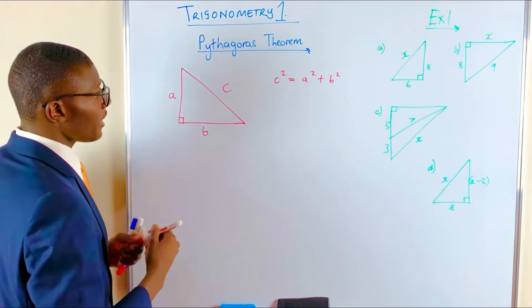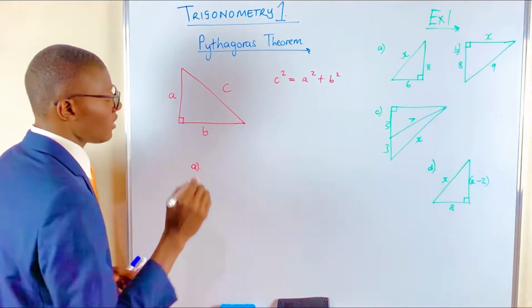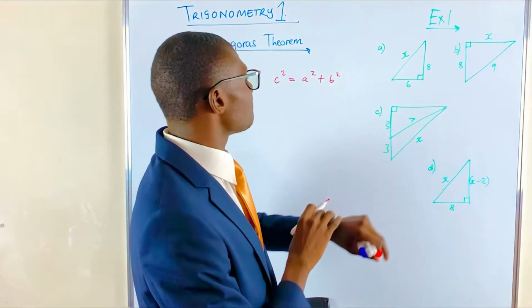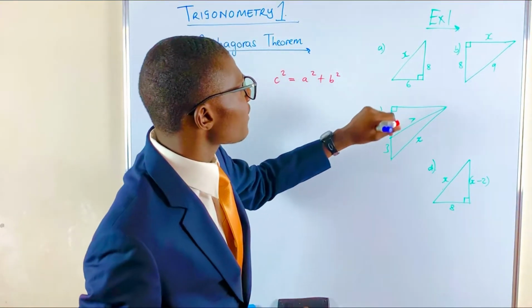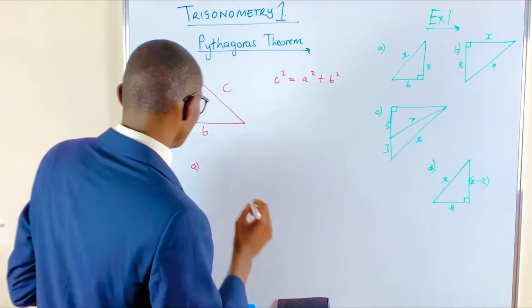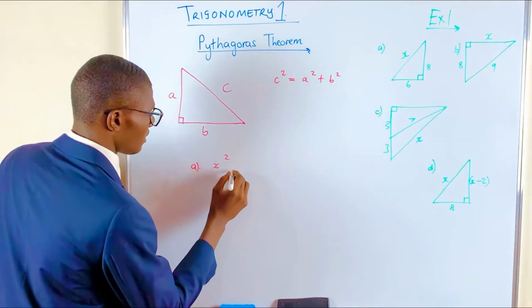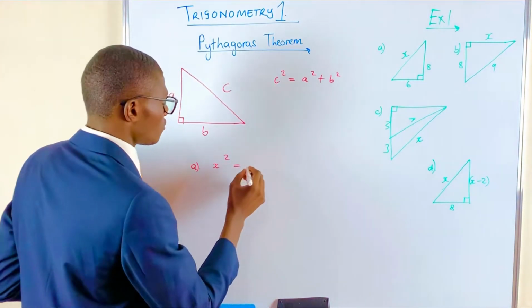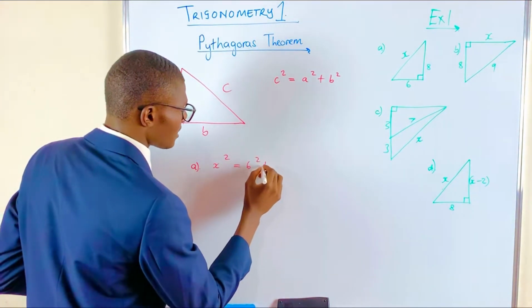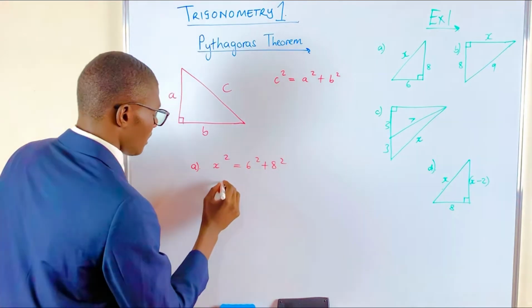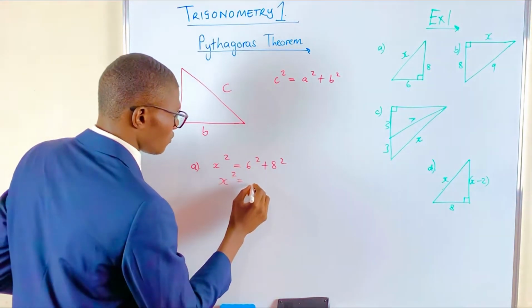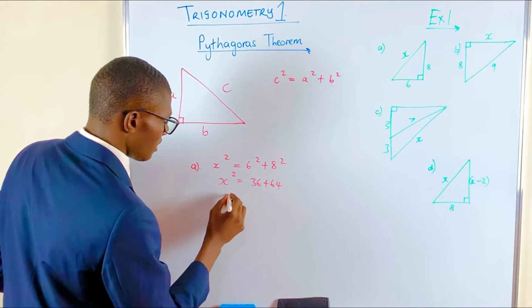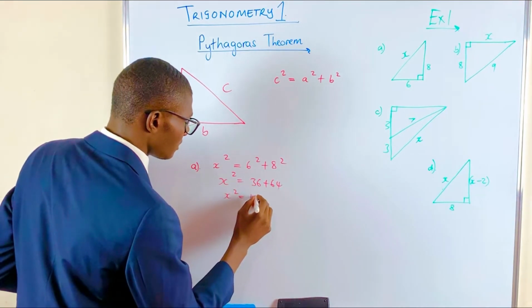So with A, we're required to find x. There, x is the hypotenuse side. So we're saying x squared is equal to the sum of the squares on the other two sides, 6 squared plus 8 squared. x squared is equal to 36 plus 64. x squared is equal to 100.